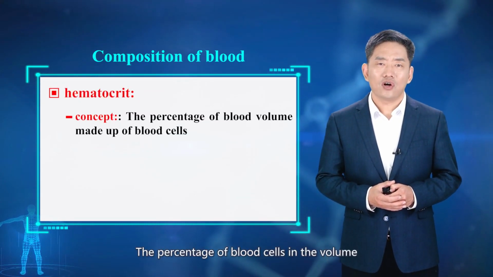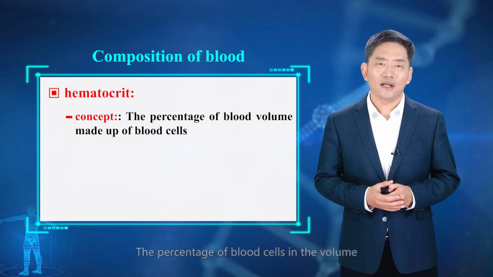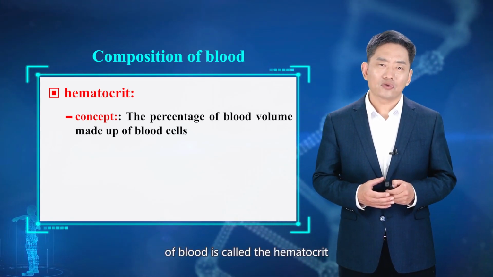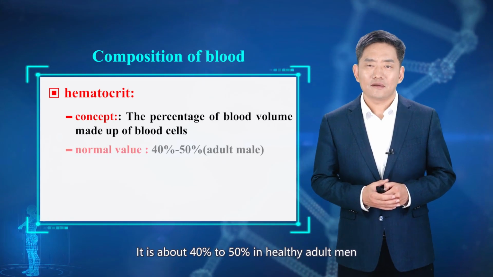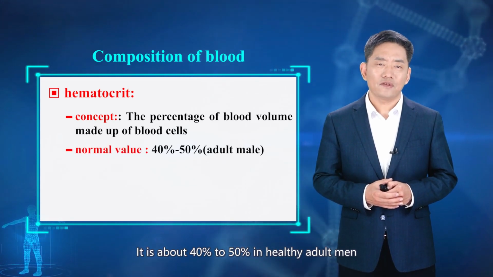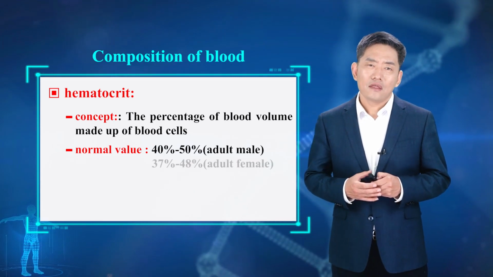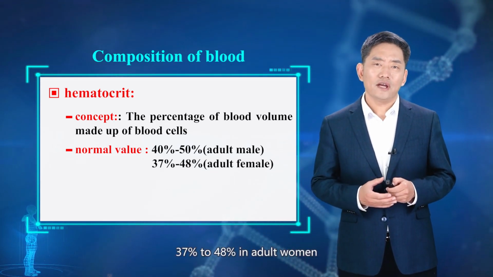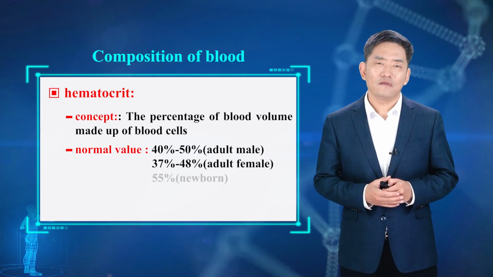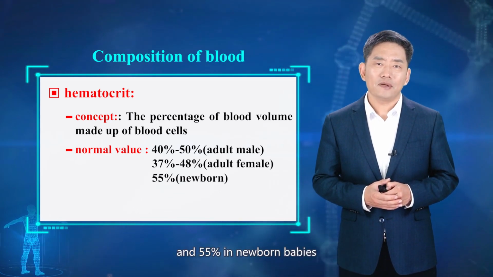The percentage of blood cells in the blood volume is called the hematocrit. It is about 40% to 50% in healthy adult men, 37% to 48% in adult women, and 55% in newborn babies.